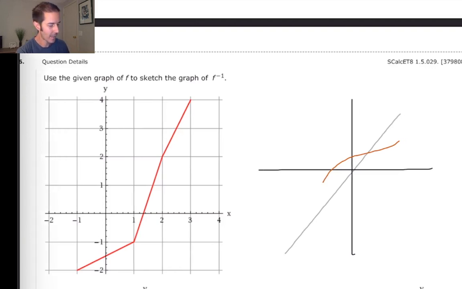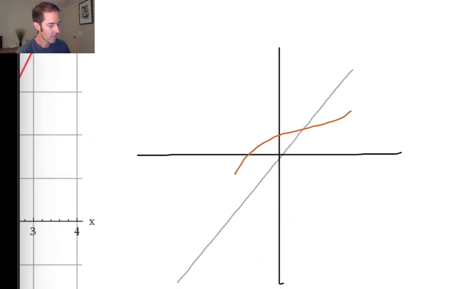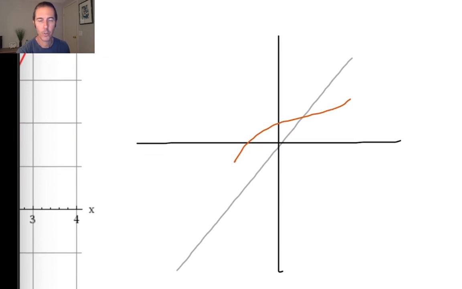And as far as a technique for graphing an inverse function when you're given the original function, because the domain and the range have this one-to-one relationship when you're working with an inverse function, the domain maps to the range, and then the inverse function maps from the range effectively back to the domain. It's as though the x and y values are trading places, and in fact they are.